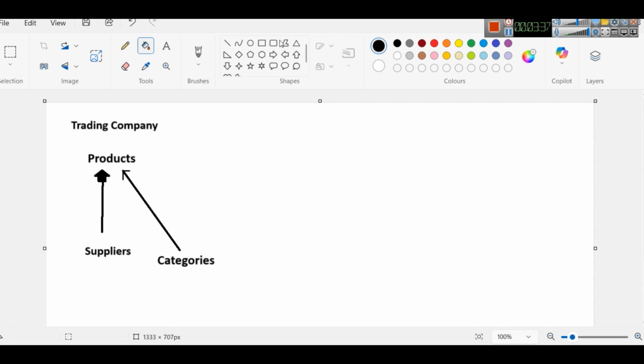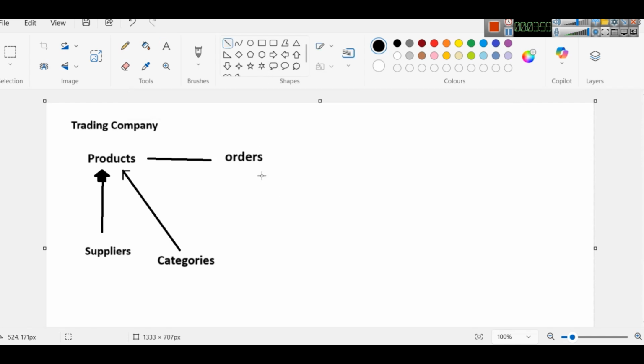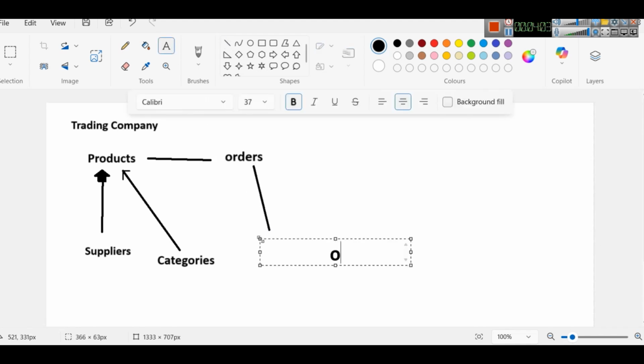Now, these products are ordered by customers. And that's why we have an orders table, where we store information of all the orders that are being placed, and details of these orders. Like we have an order detail. I will just show you these tables.